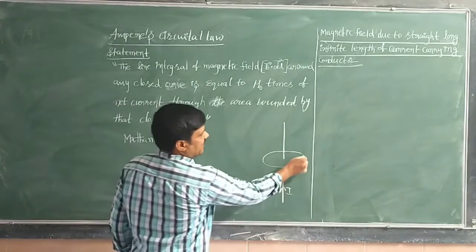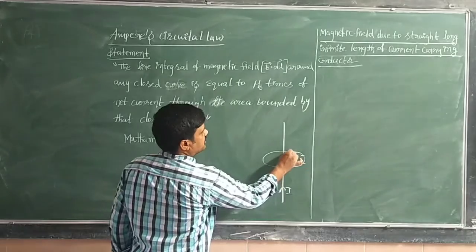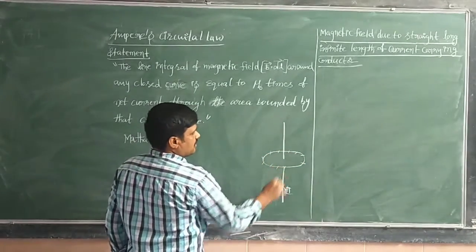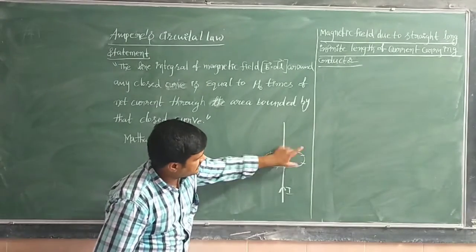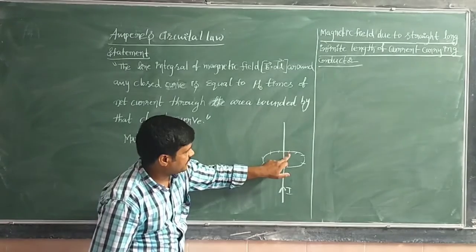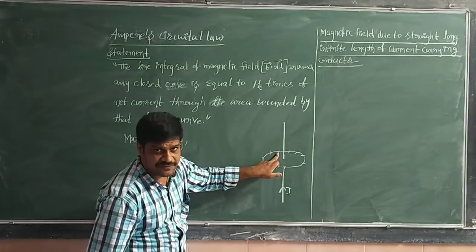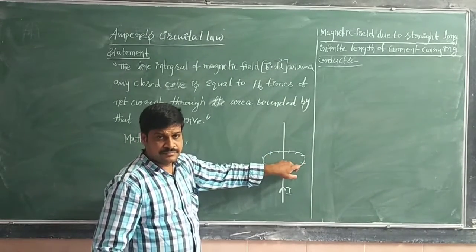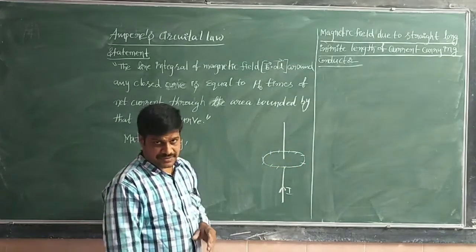That means the magnetic field throughout the length of this line we have to calculate. From here to here magnetic field is there, in between also magnetic field is there. That means along the length of the line, the integral of magnetic field.